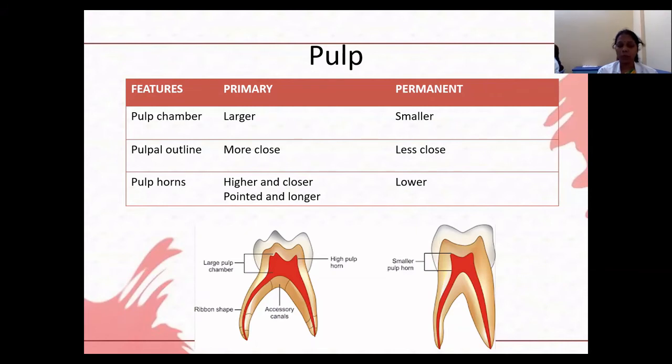Usually the mesial pulp horn will be present closer towards the occlusal surface. So when you are doing access opening or cavity preparation for primary first molar, you have to be more conscious and remove only 1 mm thickness of the tooth surface. Otherwise, you will end up opening the pulpal floor of the primary teeth. So you have to remember these points when you are doing access opening for primary teeth.